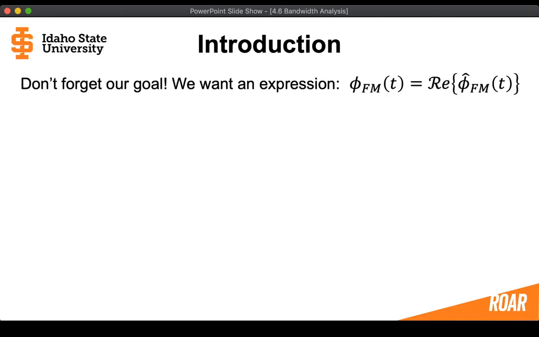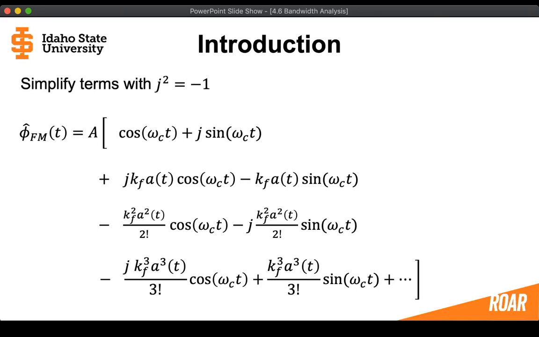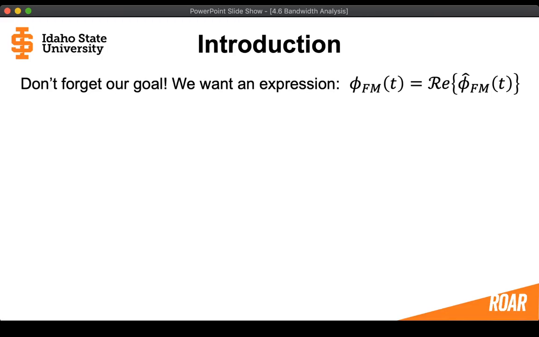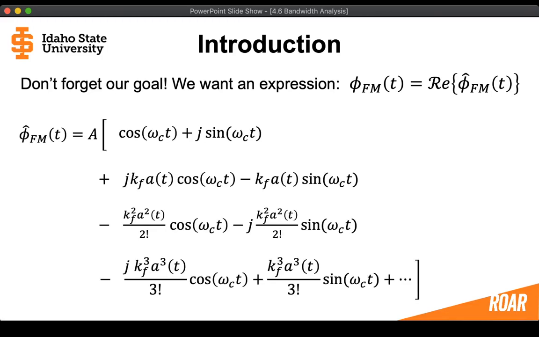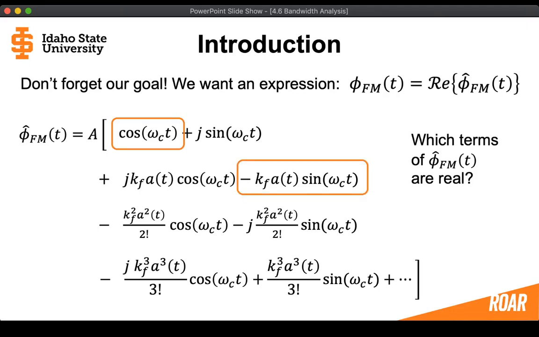But don't forget our goal. We want to find this FM modulated signal, which is the real part. Looking here, this phi FM hat contains real and imaginary parts, but we want the expression that contains just the real parts. So where are the real parts in this? Well, let's take a look. This one's real, this one's real, this one's real, and this one's real.